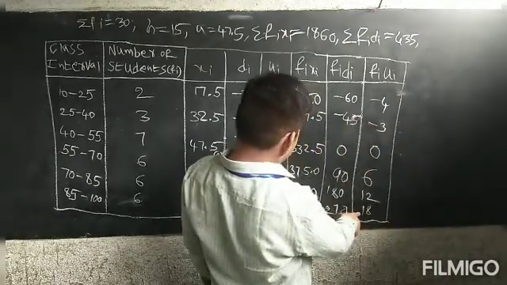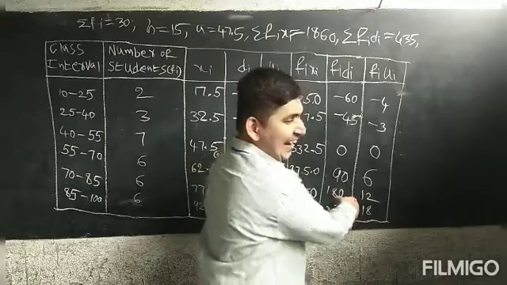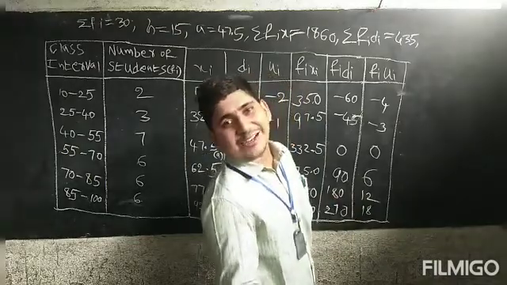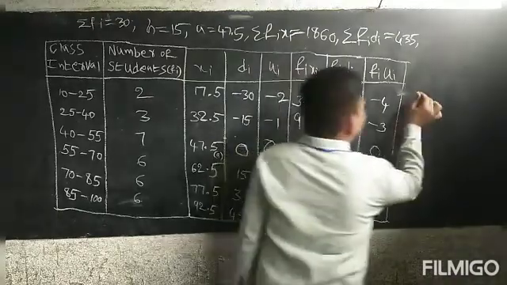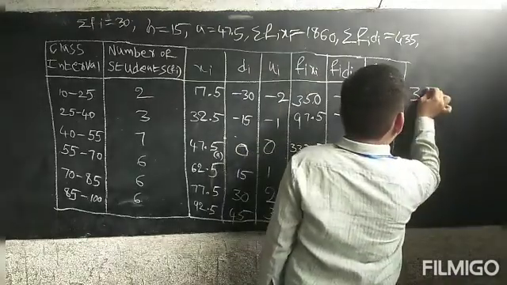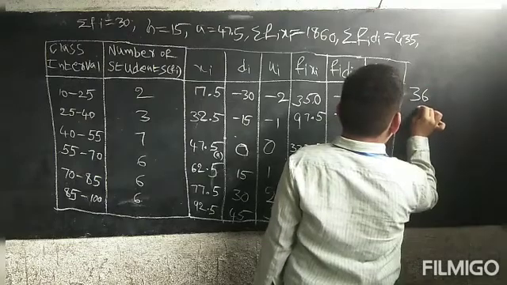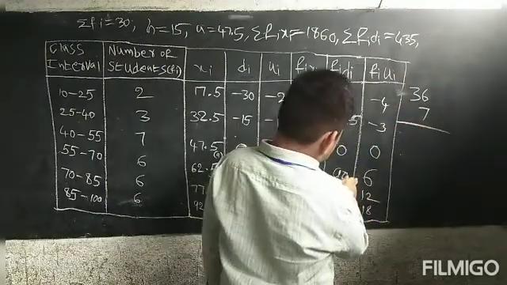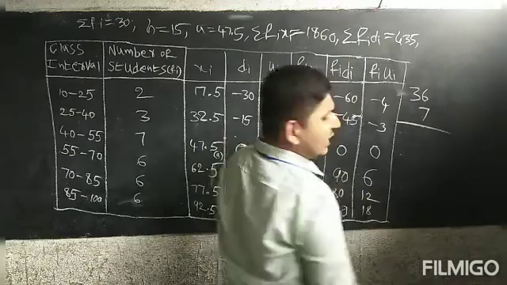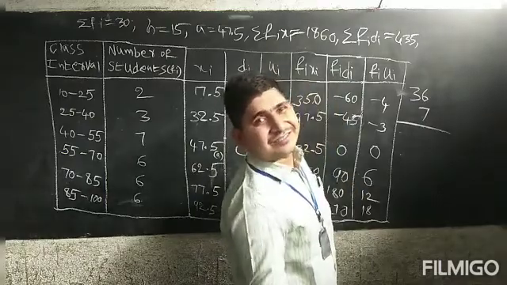Now add. 18 plus 12, 30. 30 plus 6, 36. 8 plus 12, 20. 20 plus 6, 26. 26 plus 18, 44.